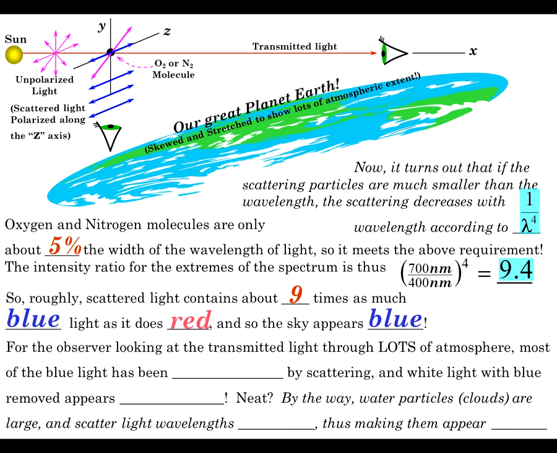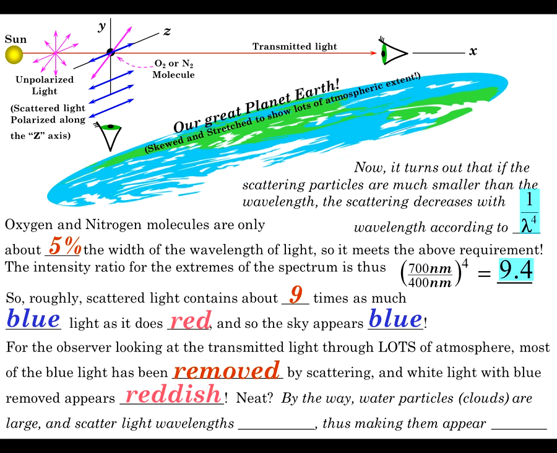By the time the sunlight gets to your eye, it's been removed of the short wavelengths, and only the long wavelengths are left. So the white light, with blue and maybe even green removed, appears reddish. That's pretty awesome. That's why the sunsets are reddish.